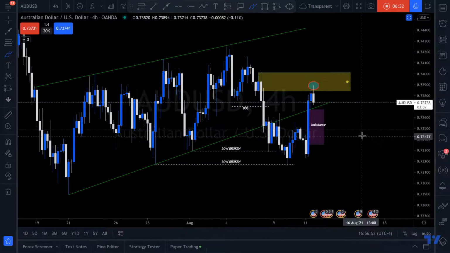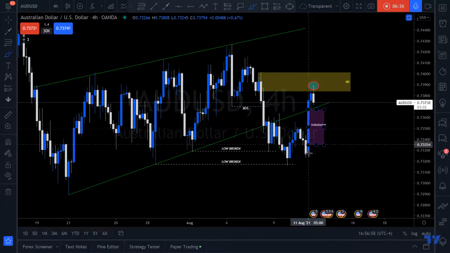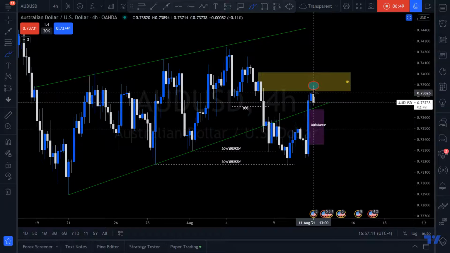I want you to also make note: when price does this, that means there's an imbalance in the market. This is nothing but buying orders. Price finds equilibrium after it finds imbalance. Here's the imbalance.